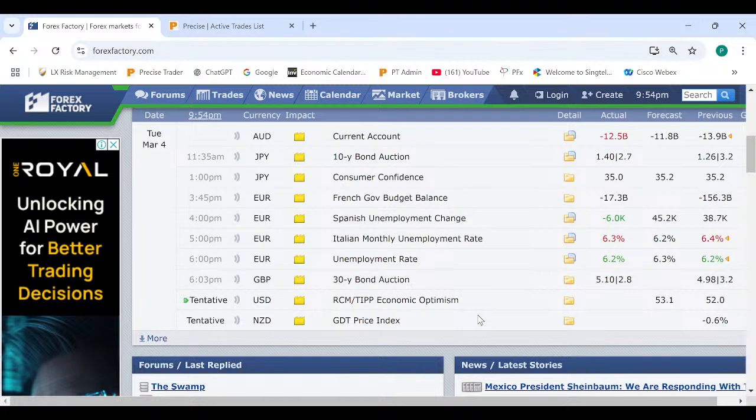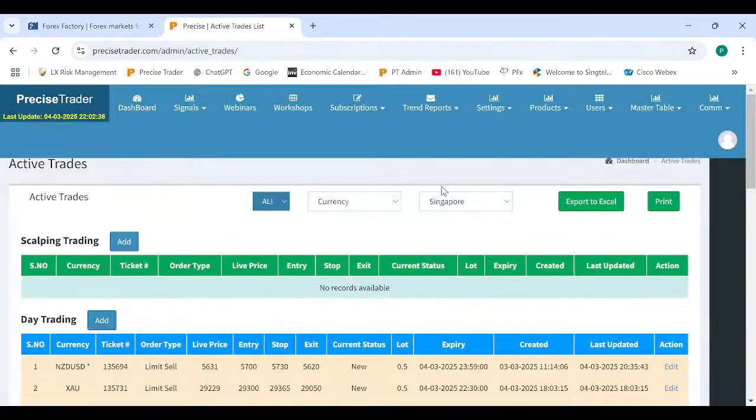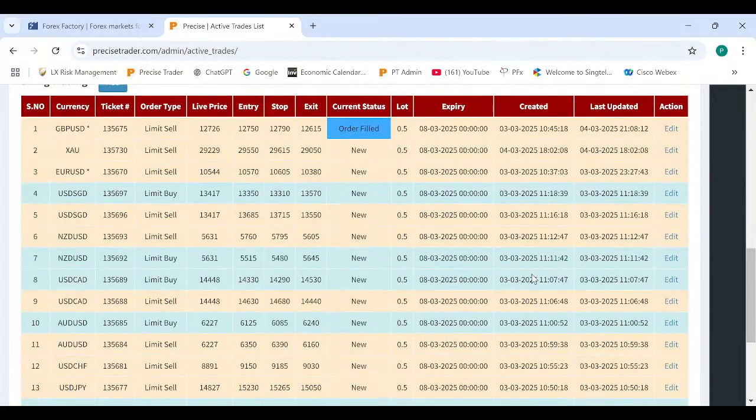Okay, with that, let's start. We have open pound selling at 12750. Okay, we have a pound open selling at 12750, and just give me 1 minute.